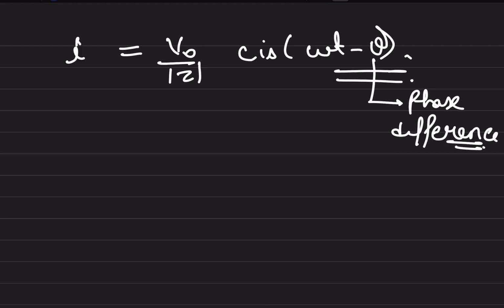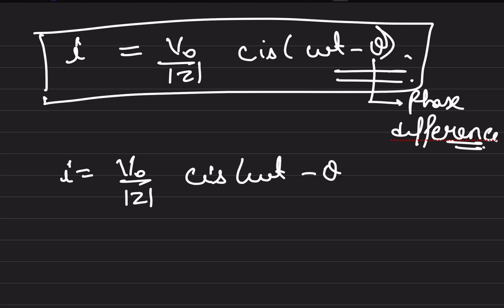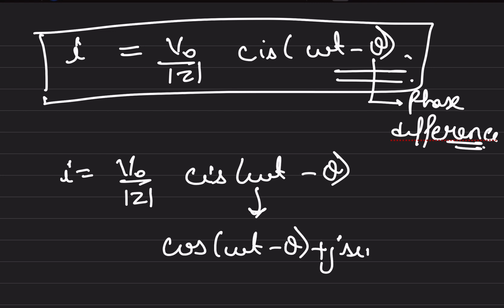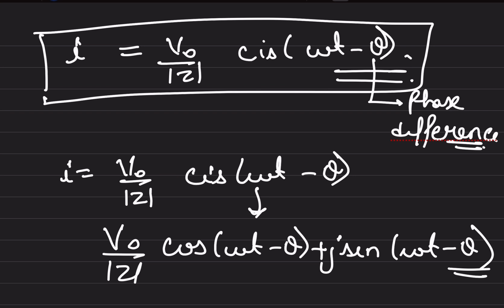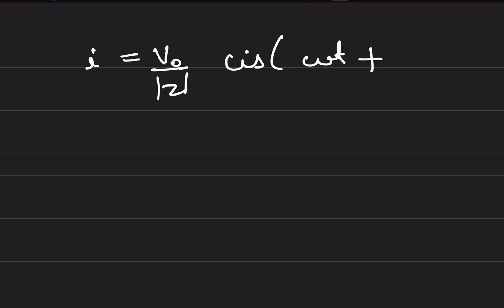So this is the representation for the current in an AC circuit: I is equal to V naught upon mod of Z times cis of omega t minus theta, or cos of omega t minus theta plus j sin of omega t minus theta, times V naught by mod Z. It can also be represented as I equal to V naught by mod Z cis of omega t minus or plus mod of theta.